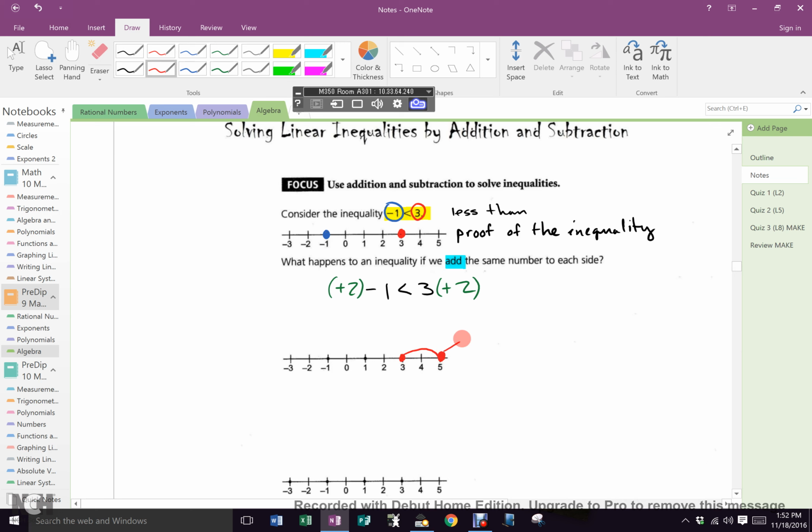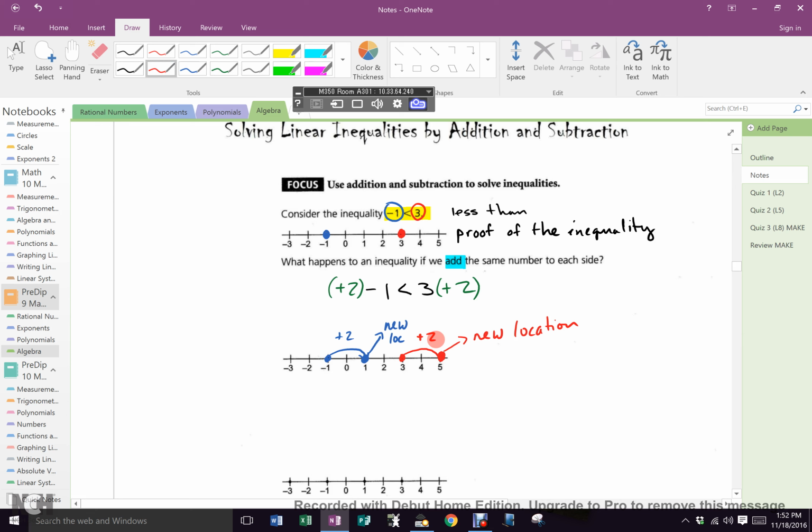So this is my new location for my red dot. Where does my blue dot go? To the right. To the right as well. To my blue dot's new location. And the blue dot was added to, and the red dot was added to.